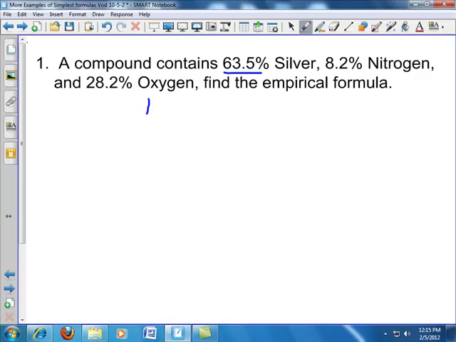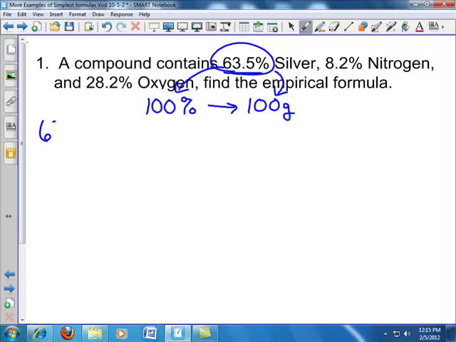The reason we're doing this is we're saying, if I have 100% of something, I'm going to pretend I have 100 grams of whatever that compound is. That way, if 63.5% of this 100 is silver, then 63.5 grams of it would be silver. So that's why we can make this change.